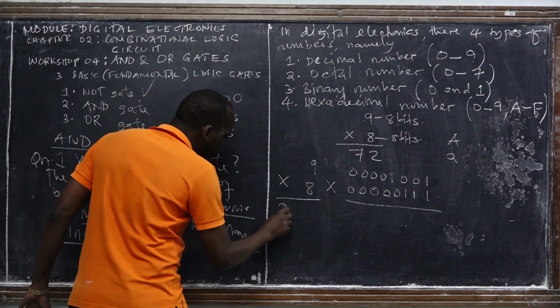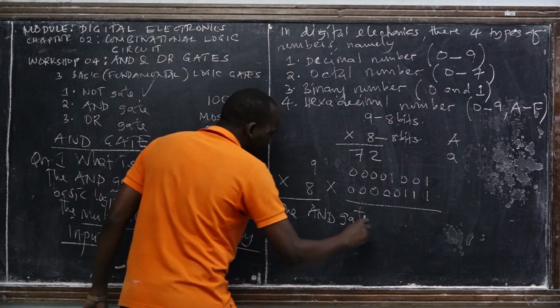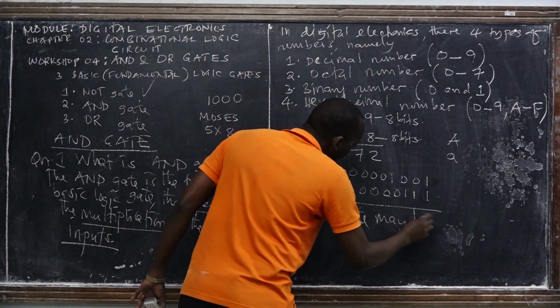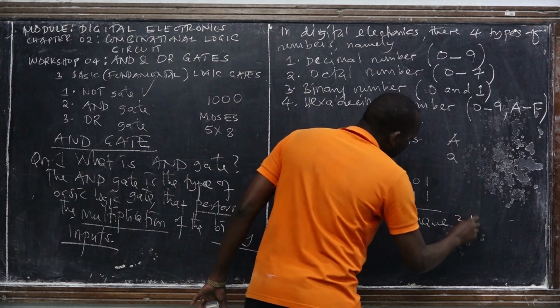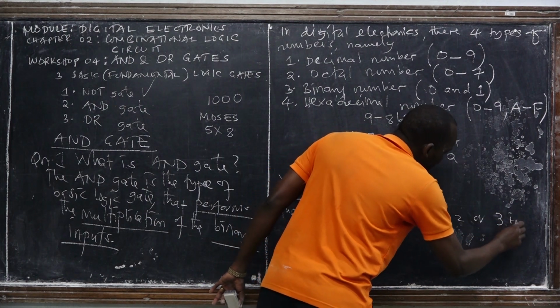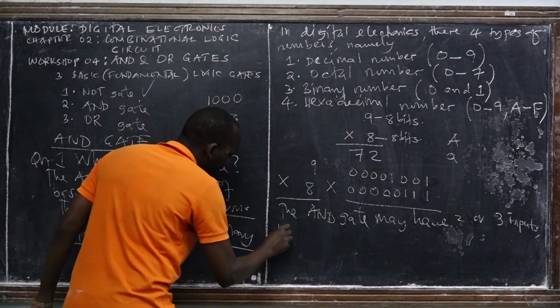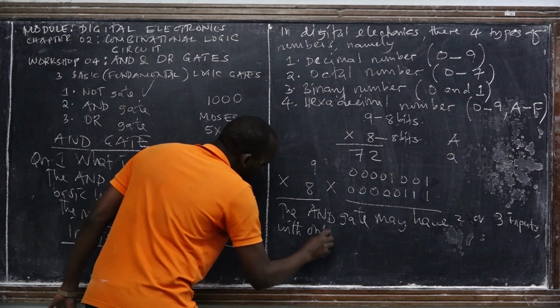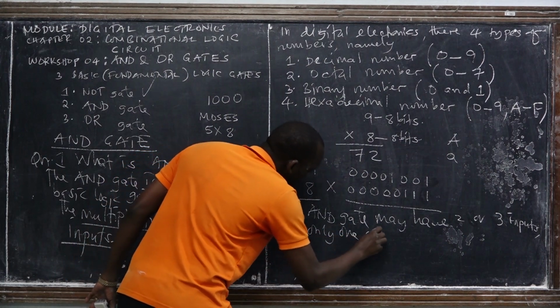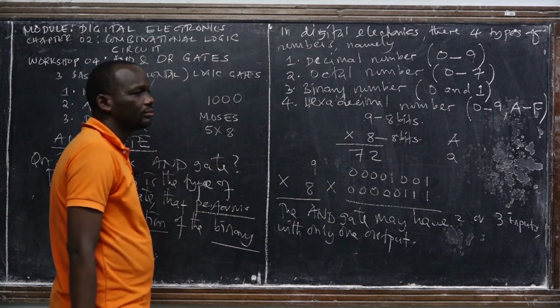So then we say that the AND gate may have 2 or 3 inputs with only one output. It's only one output.